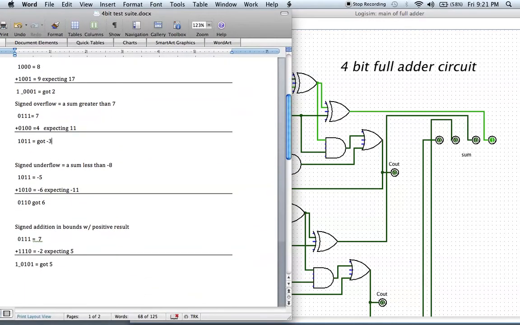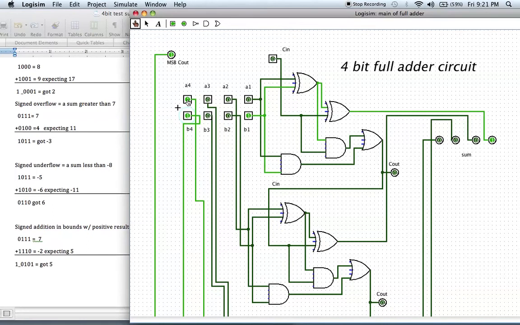Next one would be signed overflow, so a sum greater than 7. So I'm going to attempt to add 7 and 4, expecting 11, and I'm expecting the carrying to invade into the signed bit, so I should get a negative 3. So that's 1, 0, 1, 1, and 1, 0, 0.